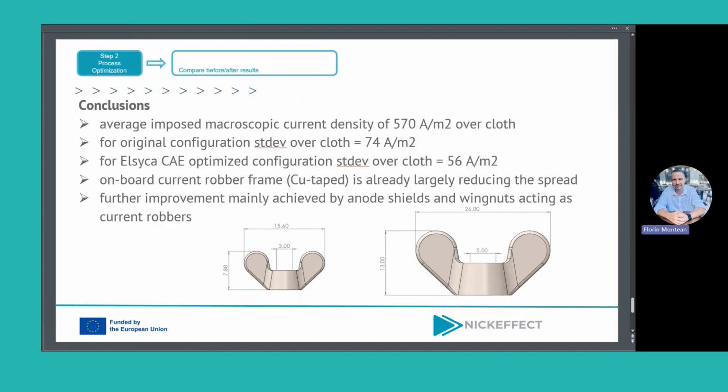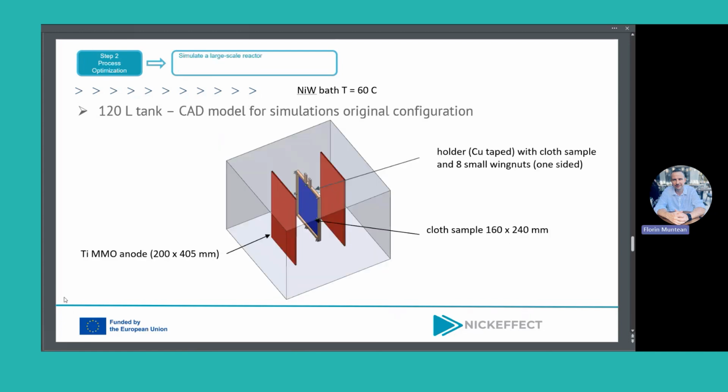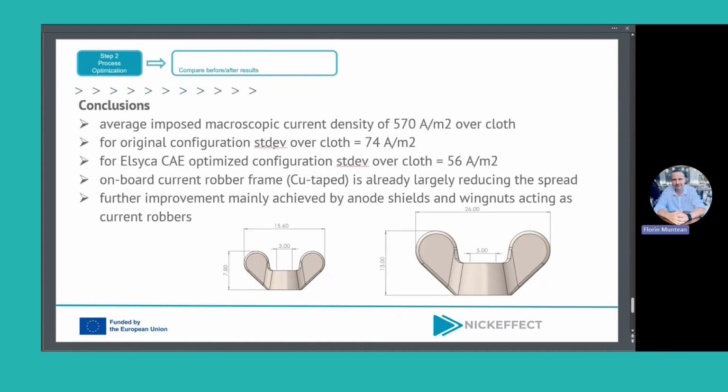In conclusion, for this model, we had an average imposed macroscopic current density of 570 amps per square meter over the cloth. For the first configuration, this one, we had a standard deviation of 74 amps per square meter.